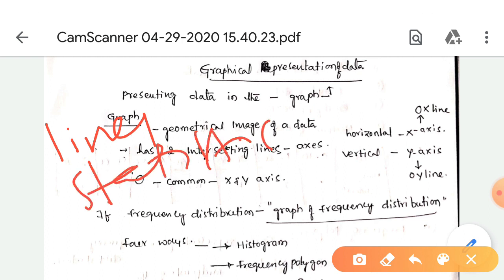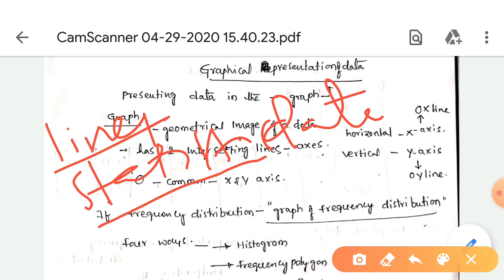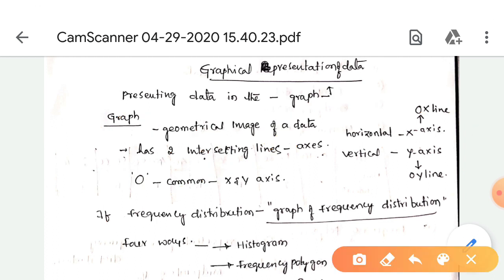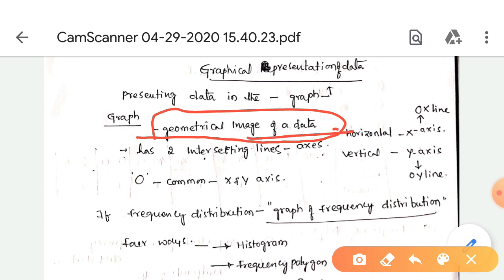The graph is drawn on graph paper. Remember, graph is different and graph paper is different. A graph is the geometrical image of data, and a diagram consisting of lines of statistical data.